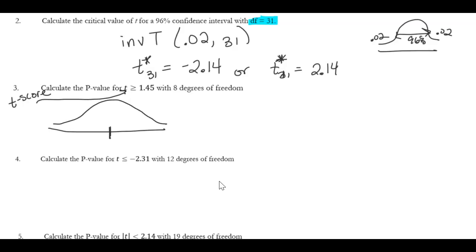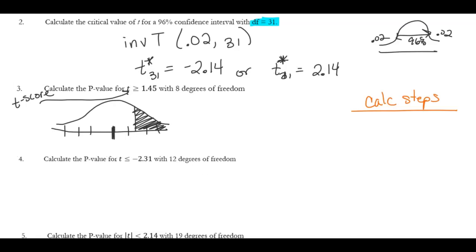So here's my mean, and I go 1, 2, 3, 1, 2, 3. This is 1.45. So I'm going to shade here because it's 1.45 above.